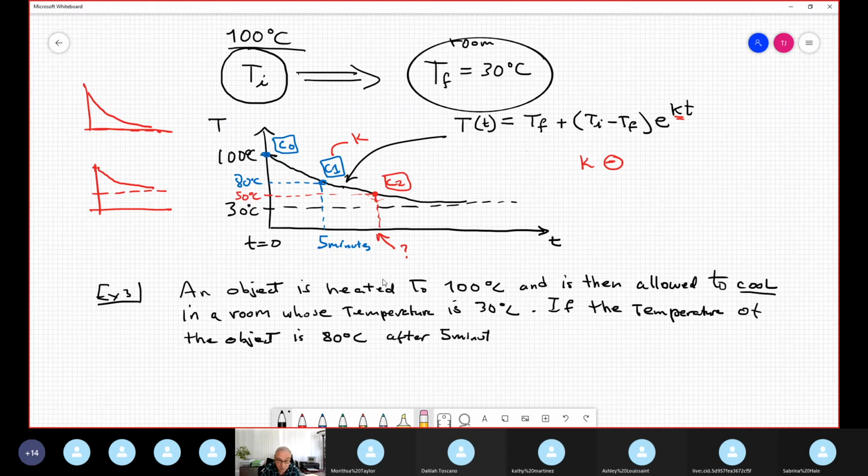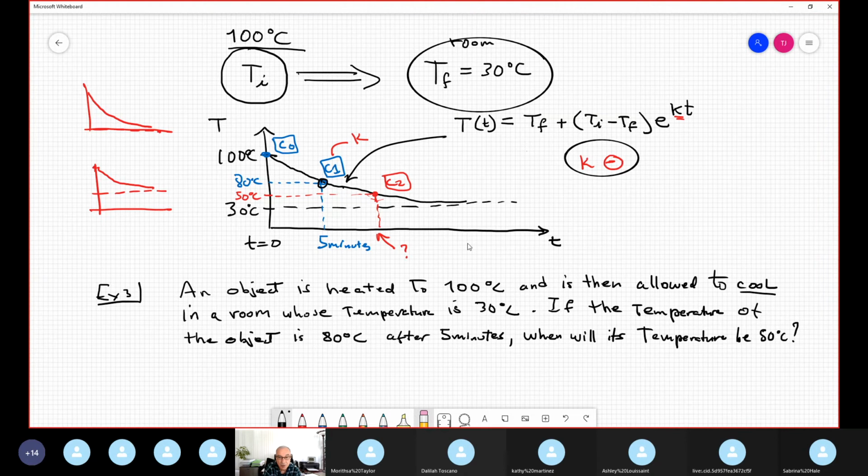This is the information for condition 1: 5 minutes, 80. And this is used to find the K value. Comma, when will the temperature be 50 Celsius degrees? This is the question.